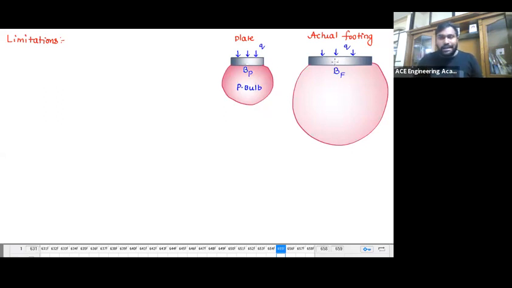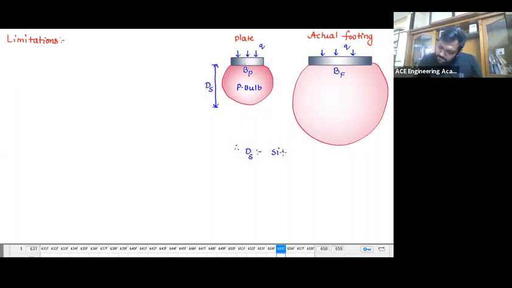And I told you clearly about the depth of the pressure bulb. This depth I gave as the significant depth or depth of exploration.